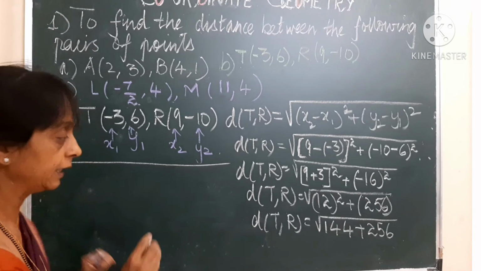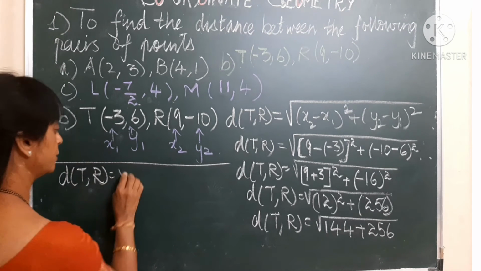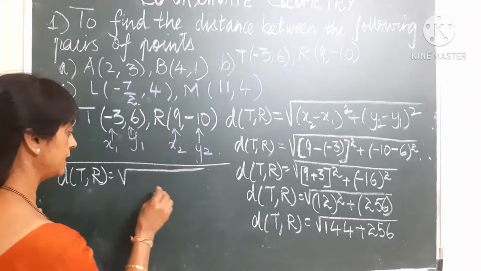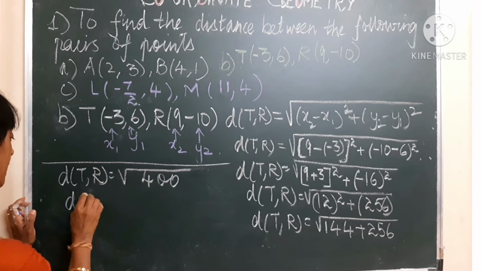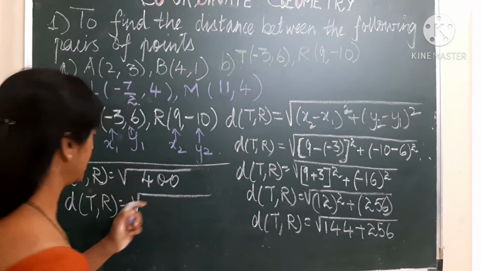So, the next step, distance TR will be equal to square root of 144 plus 256, which gives us 400. Will this be the answer? No, we can still solve it further.